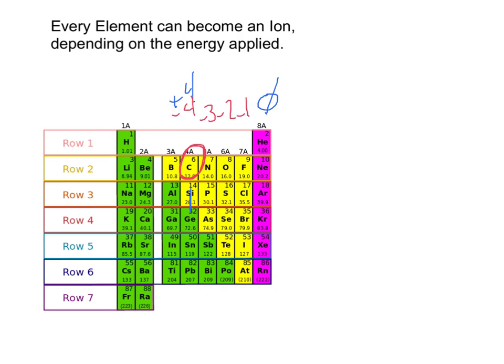And then aluminum and boron are always a 3+ charge. All of the alkaline earth metals, which sit here in column 2, are going to be a 2+ charge. And everything in column 1, which we know is called the alkali metals, is going to have a 1+ charge.